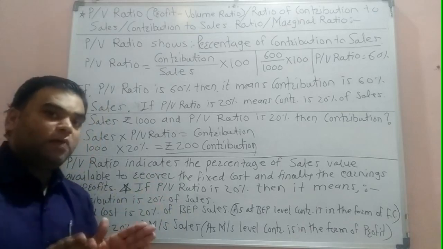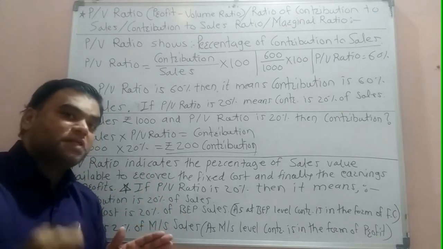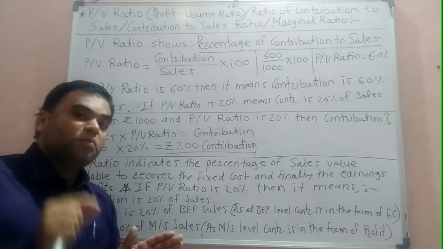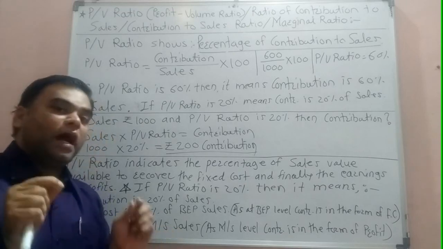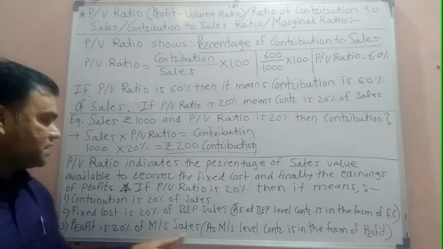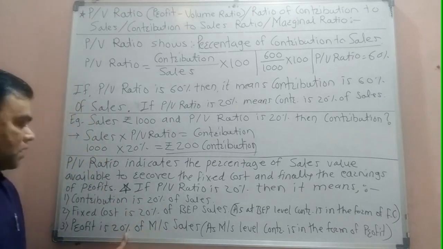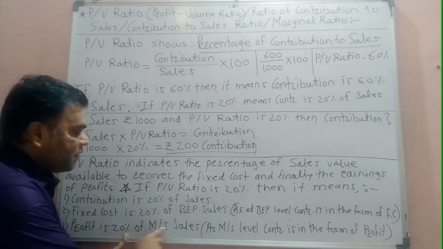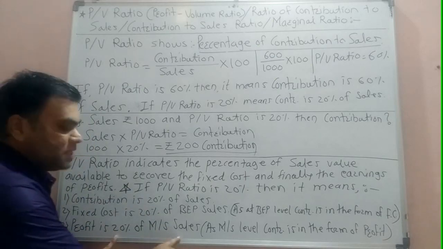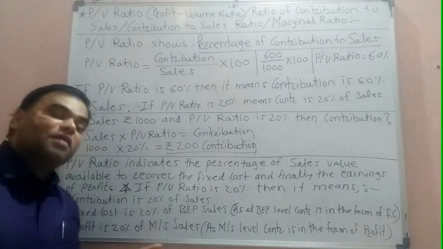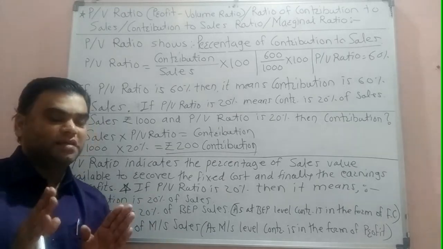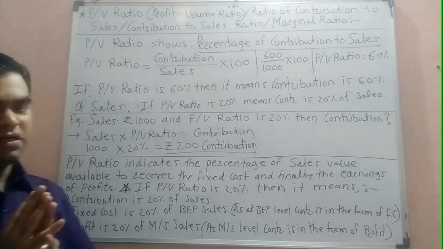That's why if contribution at margin of safety sales level is 20% of margin of safety sales, then profit will also be 20% of margin of safety sales.